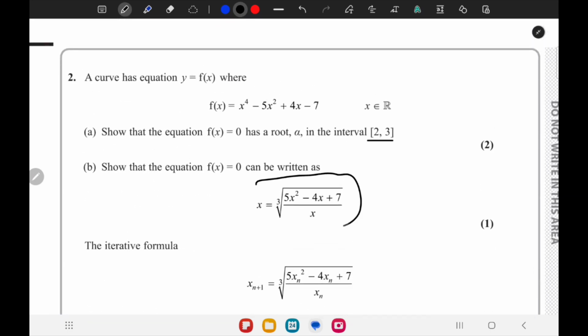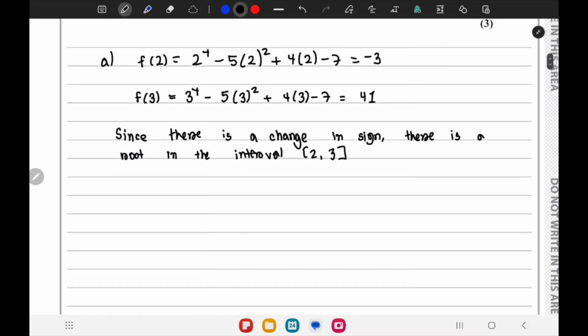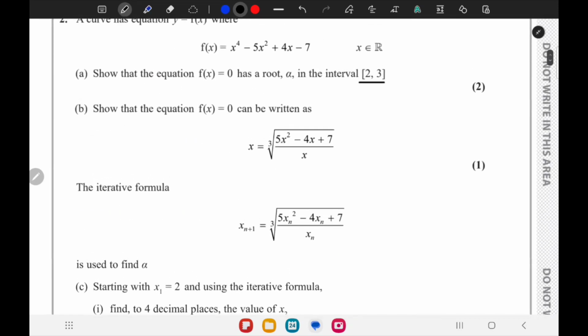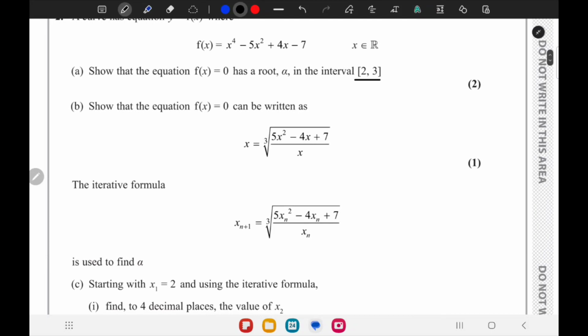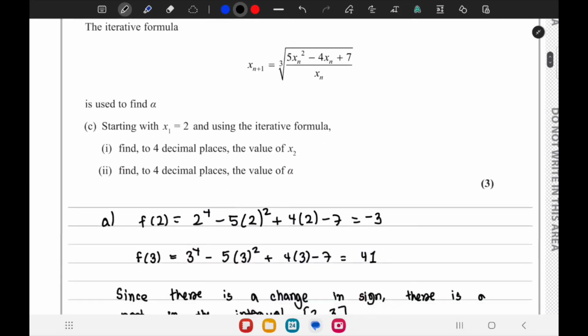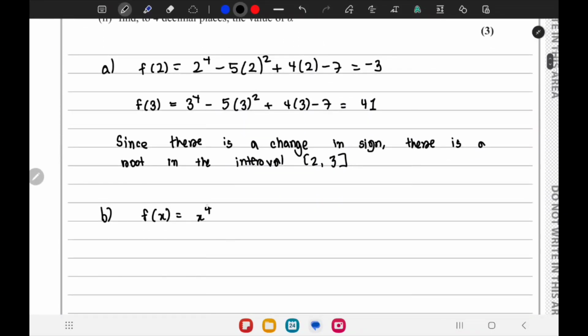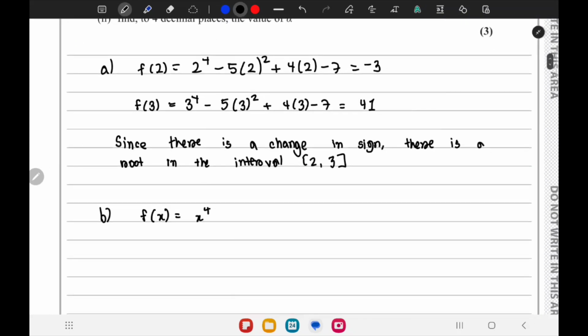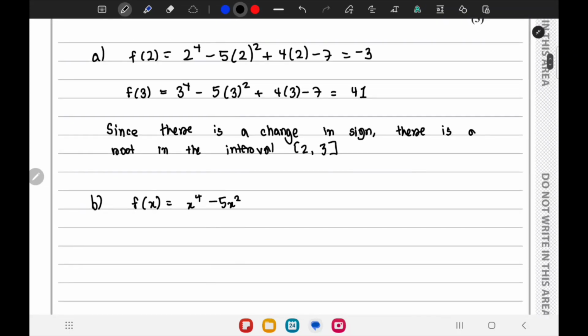Now we have to show that f of x can be written like this. We have f of x equals x to the power 4 minus 5x squared plus 4x minus 7.